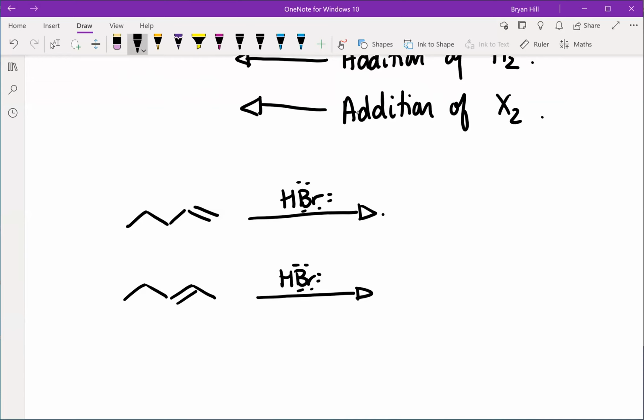Okay, so if these are alkenes, now, the HBr reaction. This is the rich get richer Markovnikov addition.